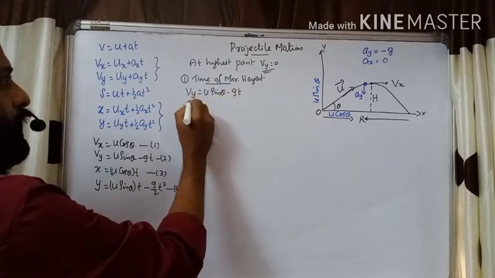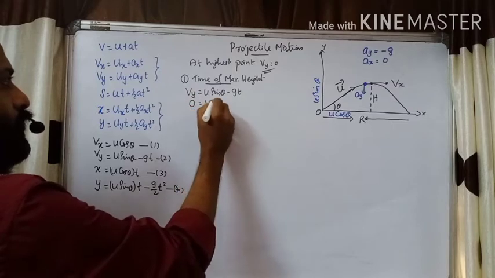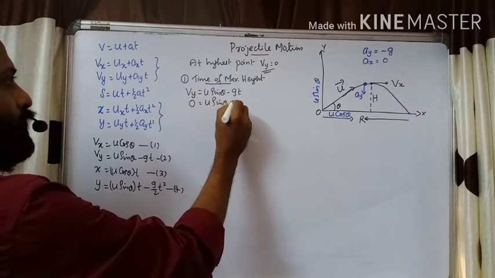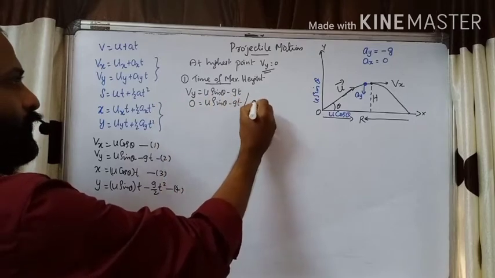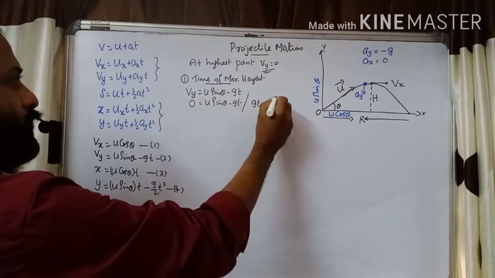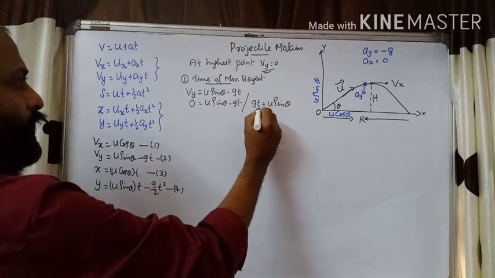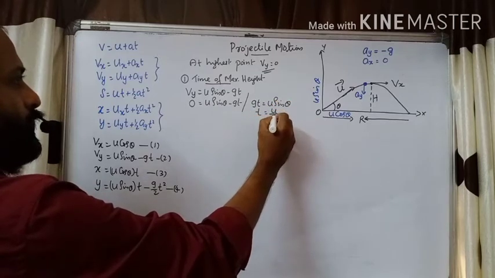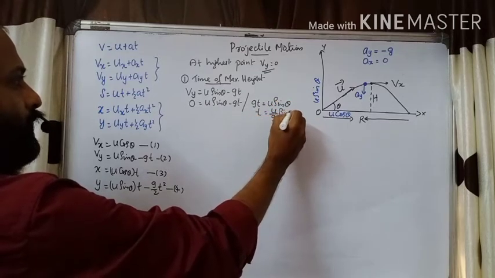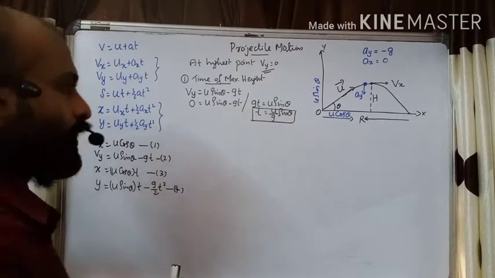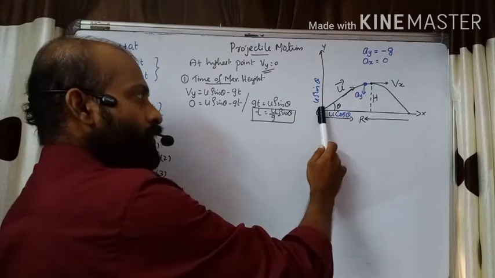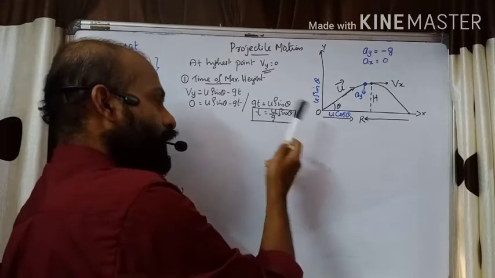I put Vy equal to 0, so 0 is equal to u sin theta minus gt. Taking this to the right side, gt is equal to u sin theta, and t is equal to u by g sin theta. This is the expression for time of maximum height. So the time taken by the projectile to reach the highest point is t equal to u by g sin theta.